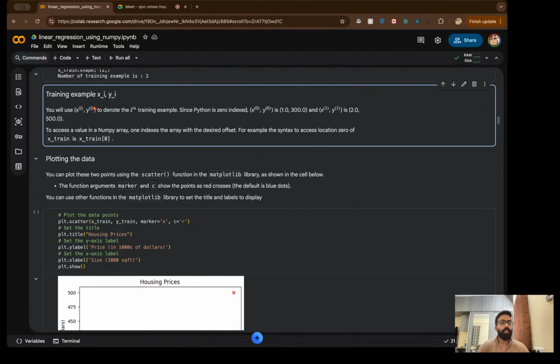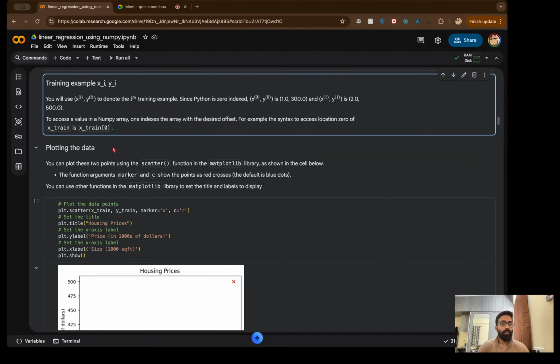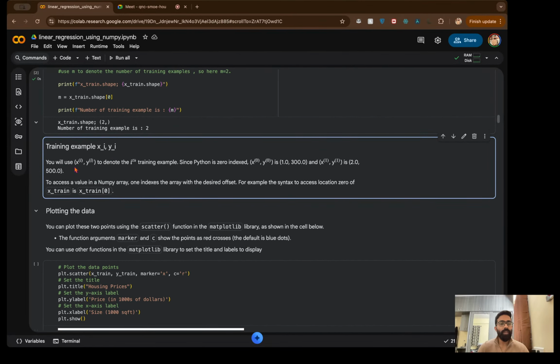Training example xi, yi. You know what I mean by xi? We will use xi superscript, xi comma yi, to denote the ith training example.